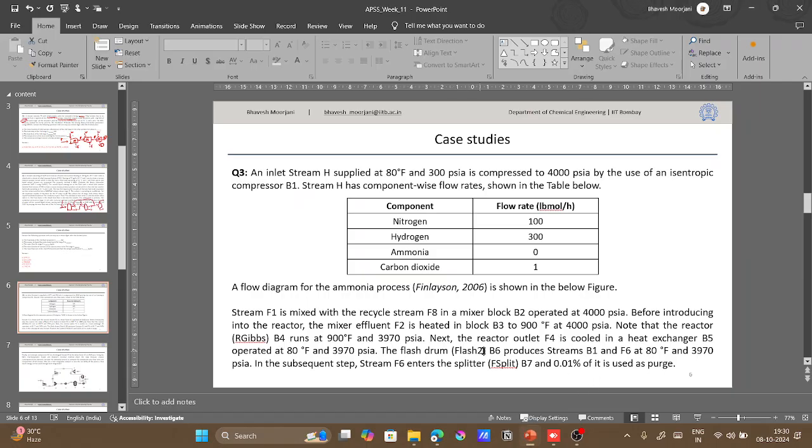The flash drum is operating at 80 degree Fahrenheit and 3970. So the same condition for the flash drum also.